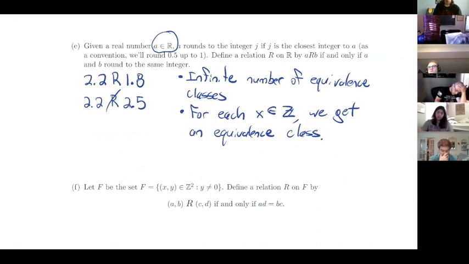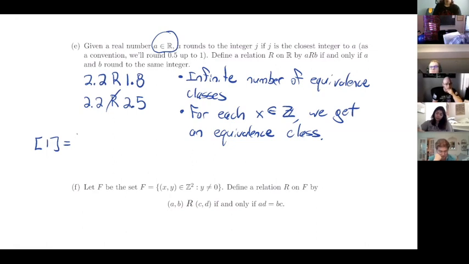So let's take the equivalence class 1. What numbers would be in that equivalence class? So what would be the smallest number in that equivalence class? It would be 0.5. That's right.